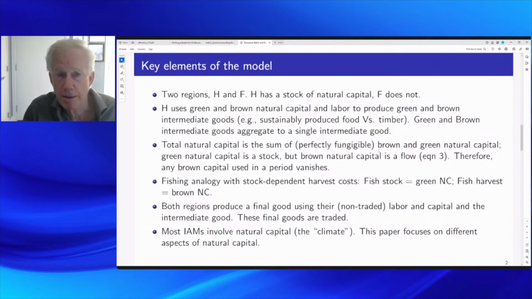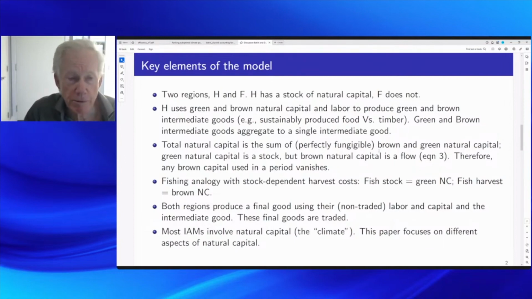And total natural capital is the sum of perfectly fungible green and brown natural capital. This aspect of the modeling surprised me a little bit. Green natural capital is a stock, but brown natural capital is actually a flow. And that just means that any brown capital that's used in a period vanishes.